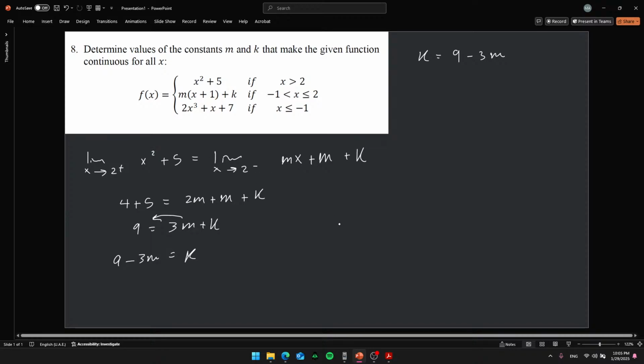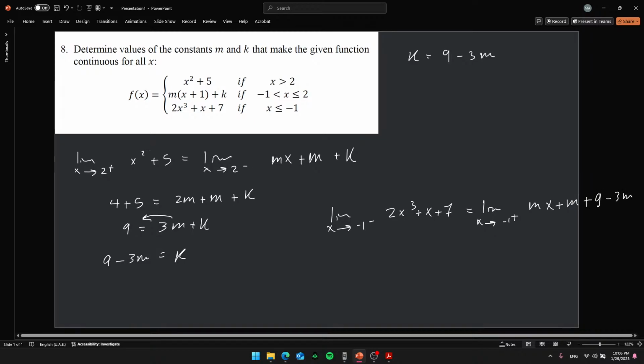Now let's equate the limit as x approaches negative 1 from the left of 2x cubed plus x plus 7 with the limit as x approaches negative 1 from the right of mx plus m plus k. Now instead of k, we can substitute 9 minus 3m. So I'm going to do this right away, plus 9 minus 3m.